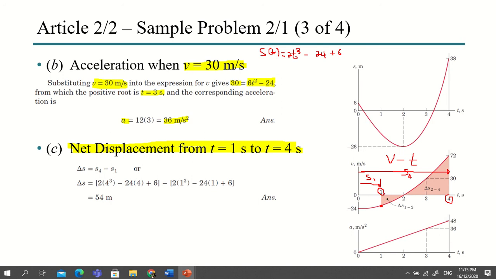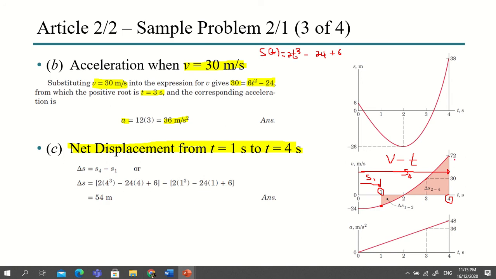This area is negative, that is below, and we also have the time from 2 to 3 seconds. At this point, and then from here it goes to 4 seconds. So all in all, from this point, we have this area. We combine this area and this area, and that would be the net displacement.